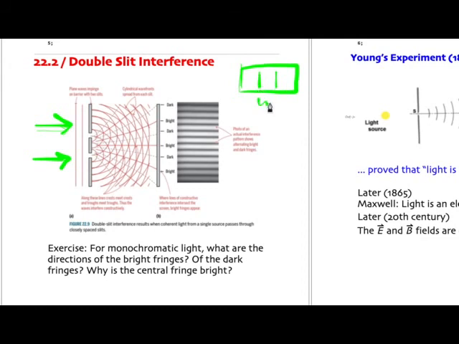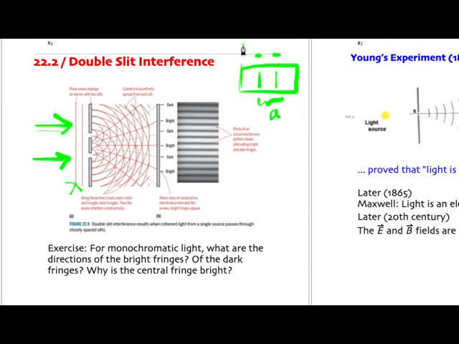Now the distance between the two slits we could call, I don't know, A or something. And of course, we would have some wavelength. So the wavelength of the incident light would be lambda. Now there's also a third length parameter in this problem, which is the width of each slit.